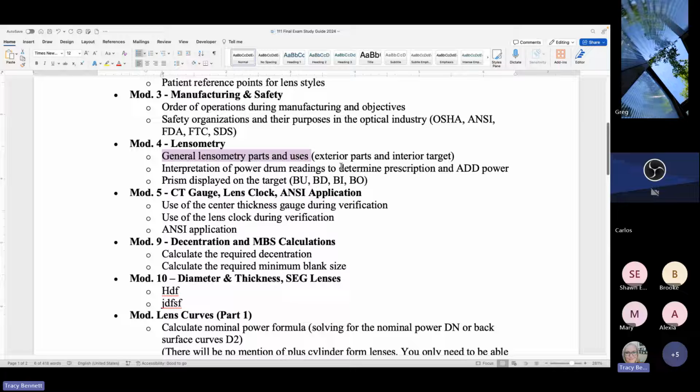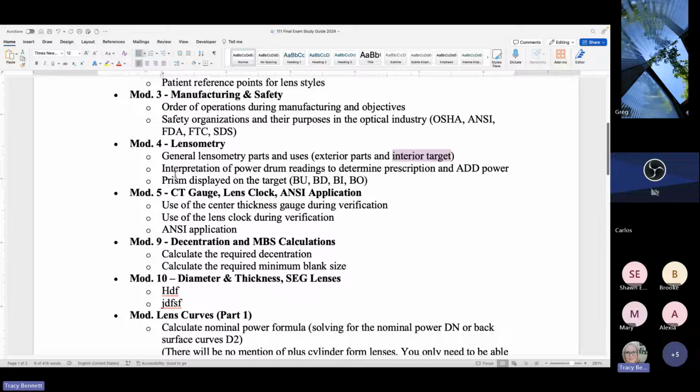You guys remember how much error could be caused by an eyepiece that has not been focused? Up to how many diopters of power error? Yep, a quarter. And the interior target.